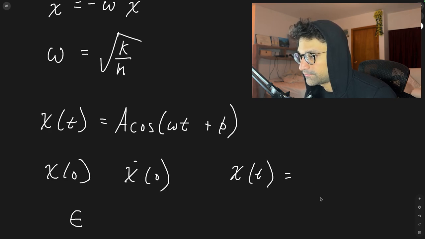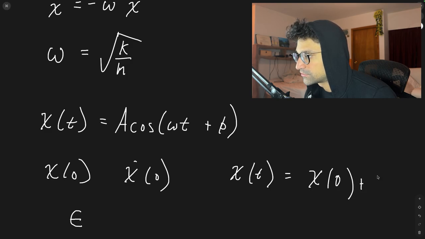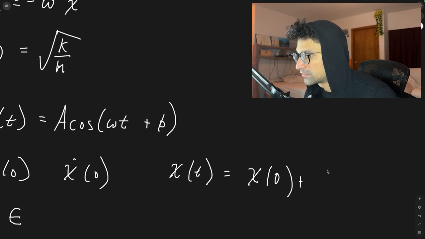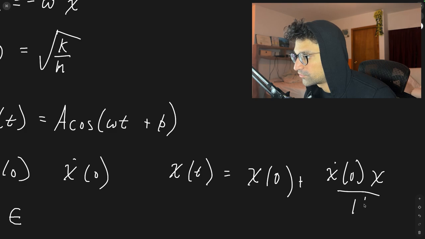So we know that x of t is going to be x at 0 plus x dot at 0 times epsilon over 1 factorial, right?